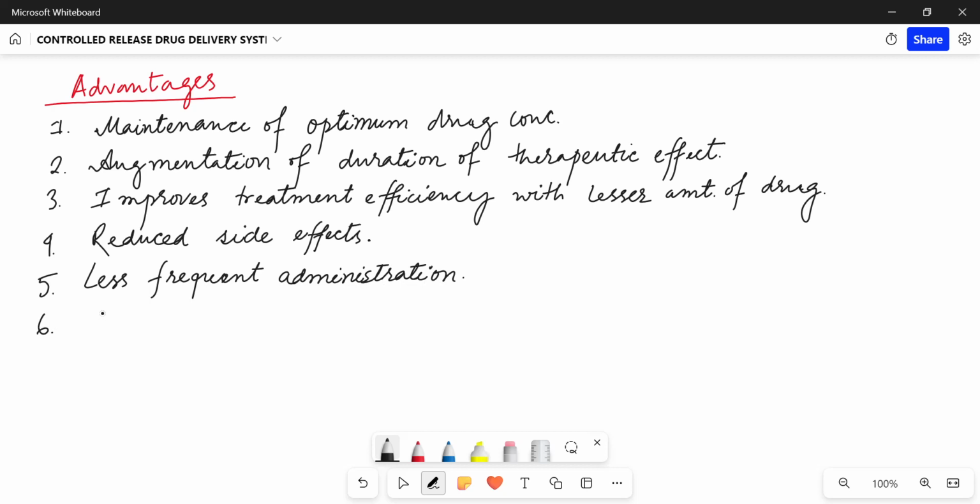Sixth one is increased patient compliance.